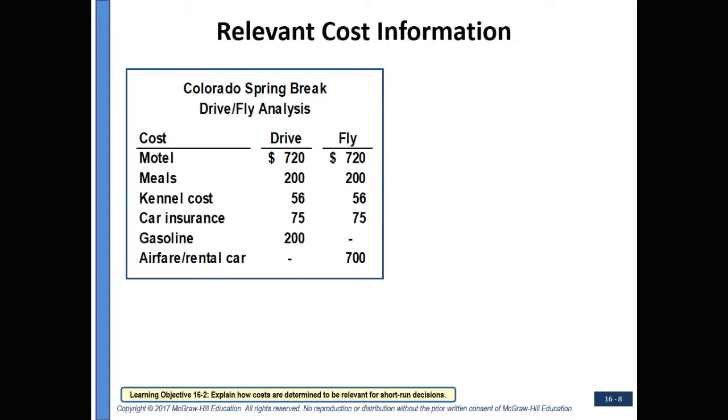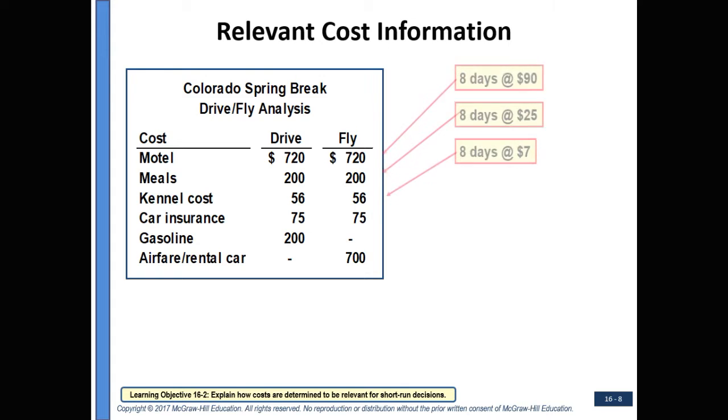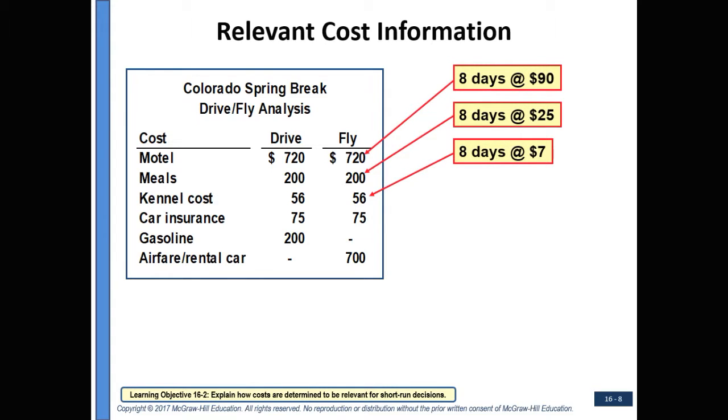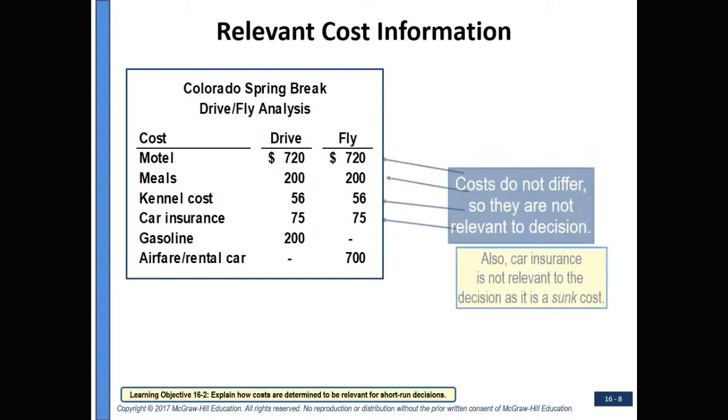Let's take a look at the analysis on this slide and compare the costs before we advance to our next slide. Note that the expenses for lodging, meals, kennel costs, and car insurance are the same, whether you drive or fly.